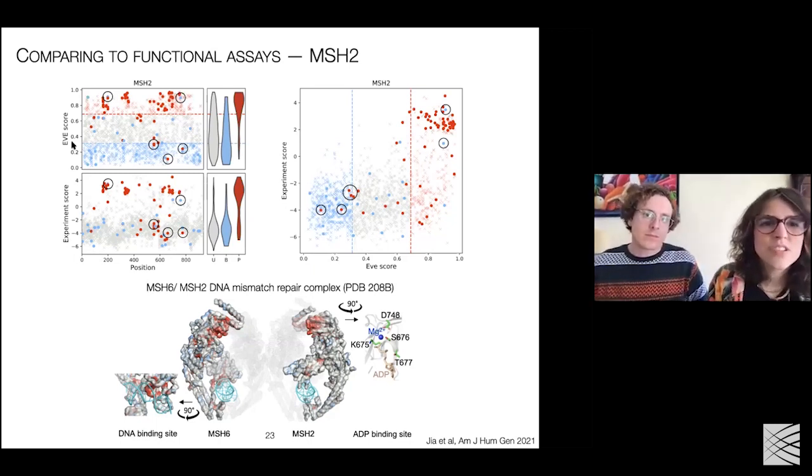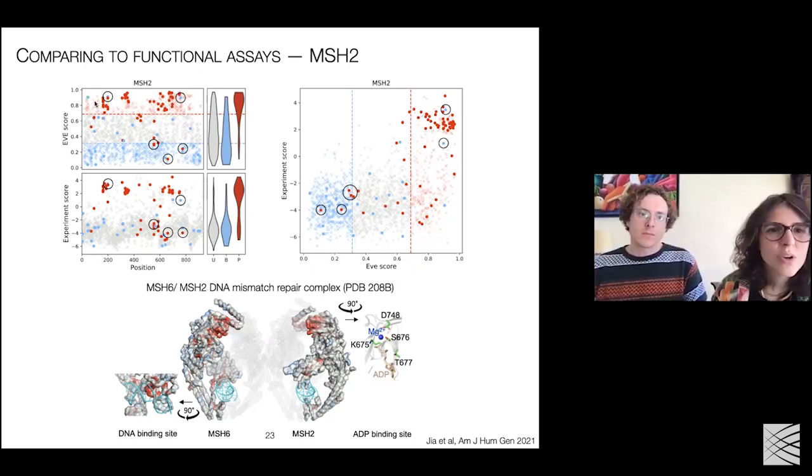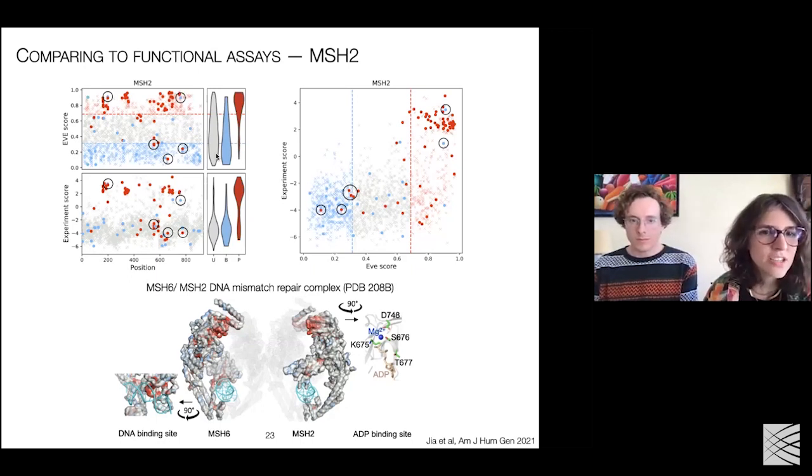It's interesting to see a couple of subtle points when you compare model against experiment. So for example, both model and experiment call benign variants that are called pathogenic in ClinVar.